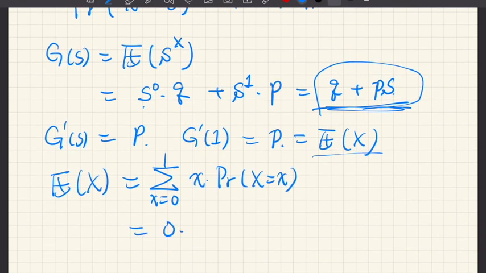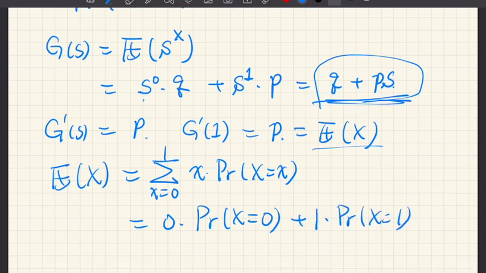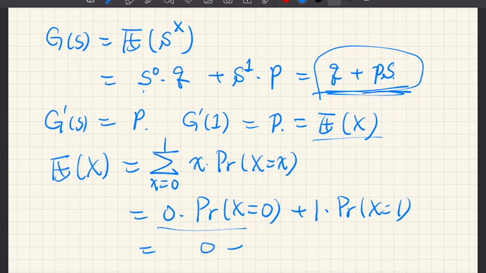So 0 times the probability of 0, plus 1 times the probability of 1. So this is 0, and this is 1 times p, so that's p. Yeah, so same. So this is correct.